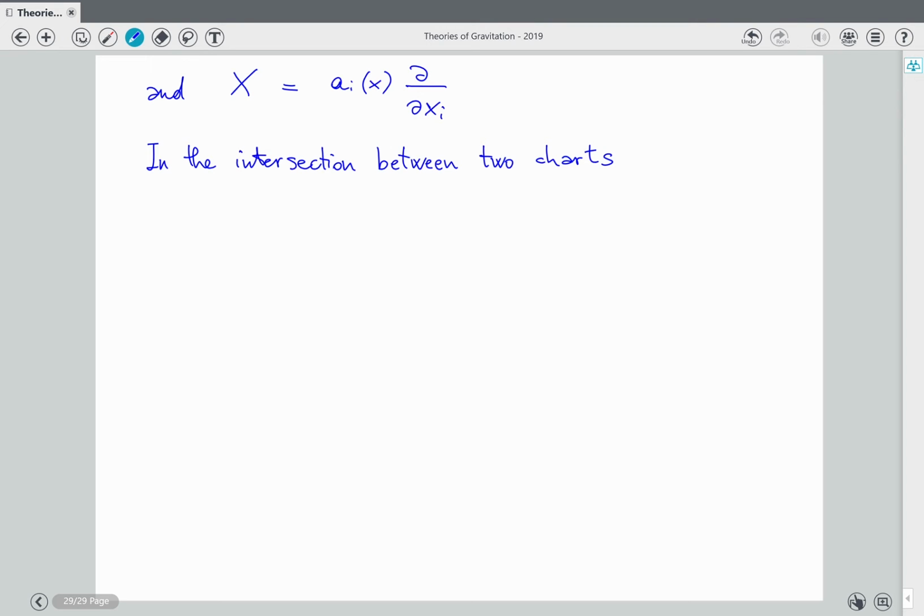So you can just change coordinates without changing the open set. And the intersection in that case is the entire open set. So the same open set with two different coordinate systems is two different charts. So let us call x and y the two coordinate systems.